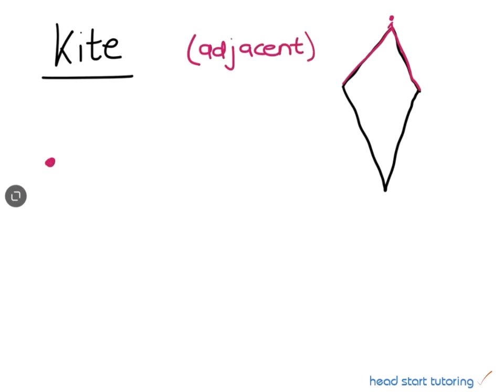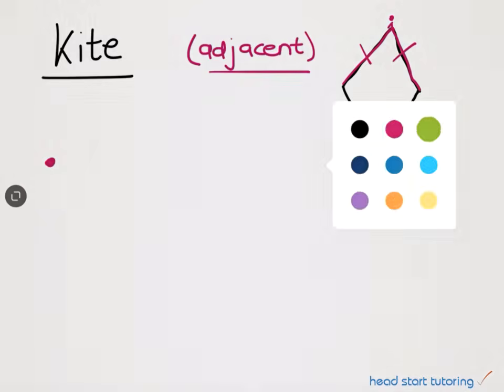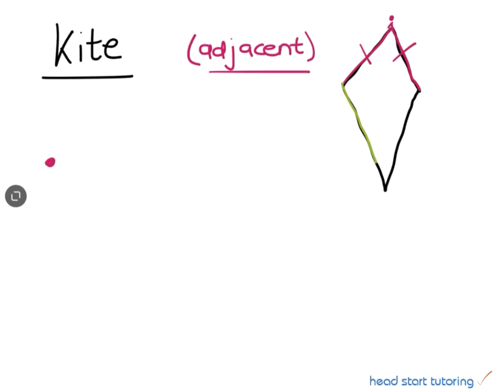Right, so I will use that word to refer to these sides that share a common vertex, and I'm going to say that the top two adjacent sides are equal, and the bottom two adjacent sides are also equal.